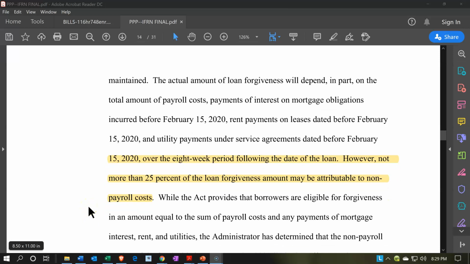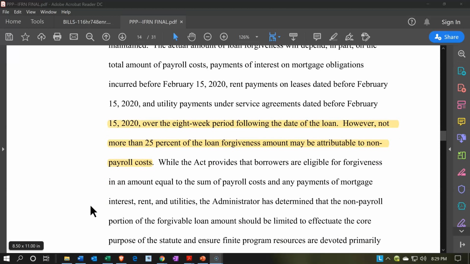However, not more than 25% of the loan forgiveness amount may be attributable to the non-payroll costs. So they want the principal portion to be going to the payroll costs. So I don't interpret that to mean that if you don't have exactly 25%, that you just drop off, it'll go all out.